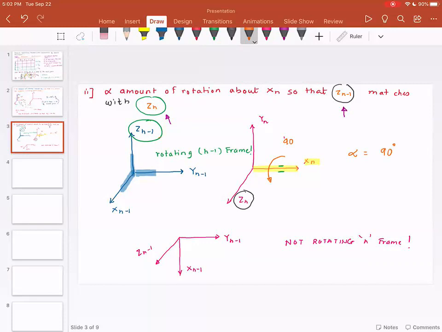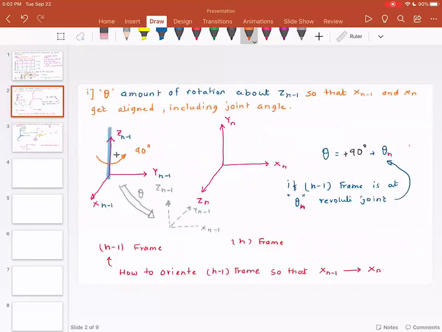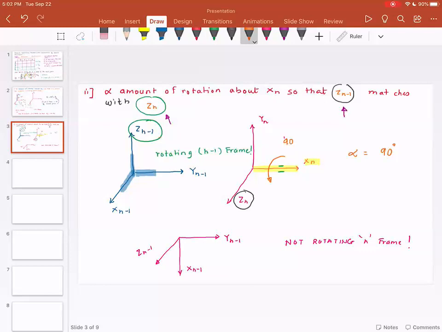So please understand, theta rule and alpha rule, they are applied at different axes. In the case of theta rule, you are applying the rotation about Zn minus 1, and the rotation is of the same frame. So you apply the rotation about Zn minus 1 and rotate n minus 1 frame. Here the rotation is about Xn, but the frame that is rotated is not nth frame, but n minus 1 frame.